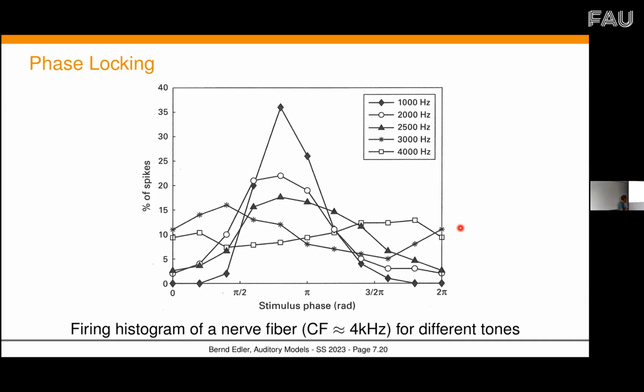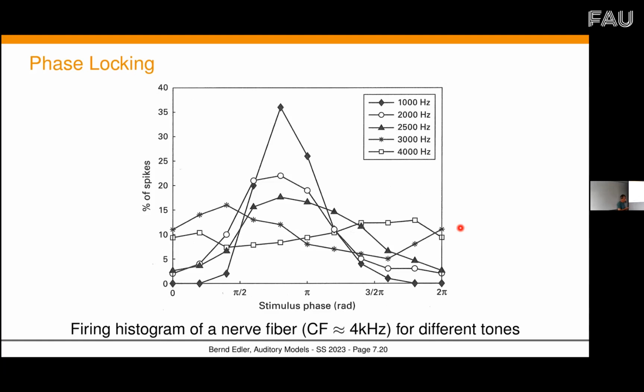Yeah, so this is the so-called phase locking. For the next part, I would like to show some models for the hair cells before going into the further neural processing.